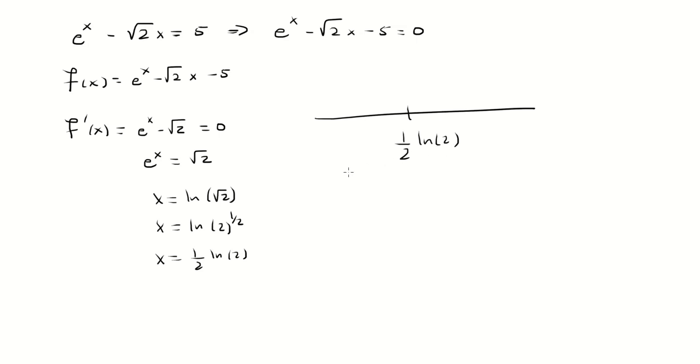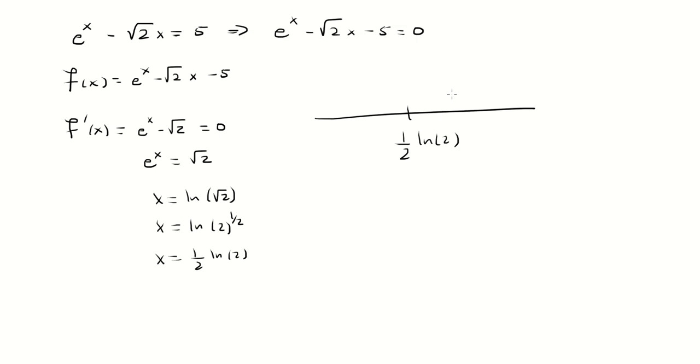And so we want to see what happens to the left and right of it. First thing to note is that the domain of this function is all real numbers. So that's good. And so if we pick x to be really big, you have e to a really big number minus root 2 times a big number minus 5. E to the x is going to be more dominant.